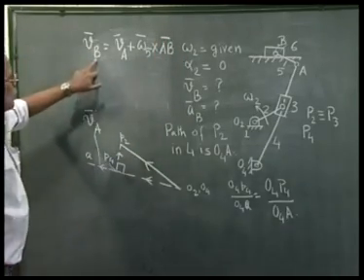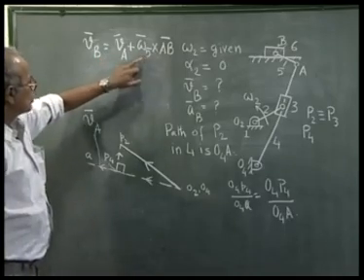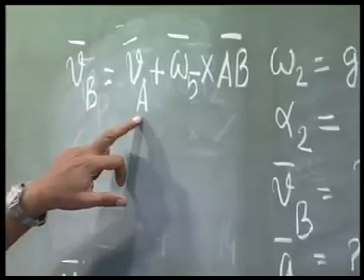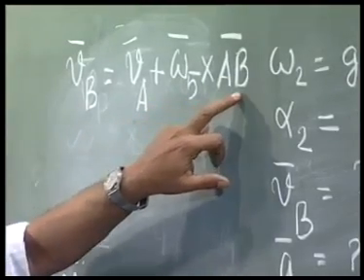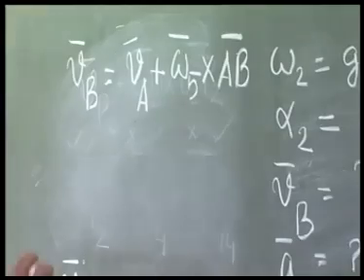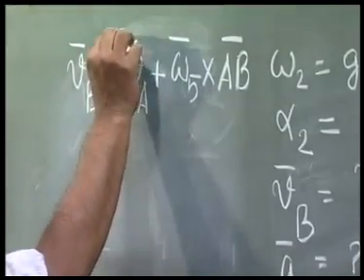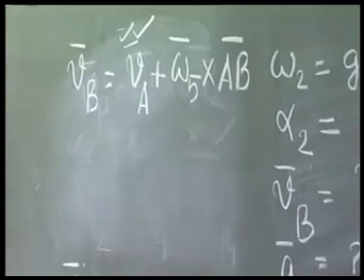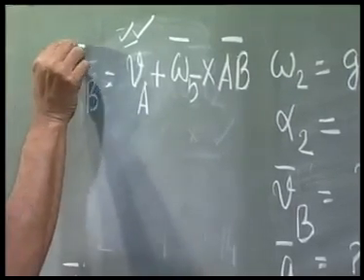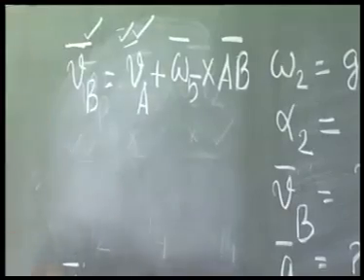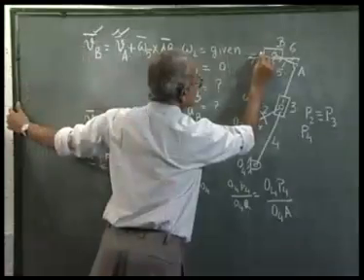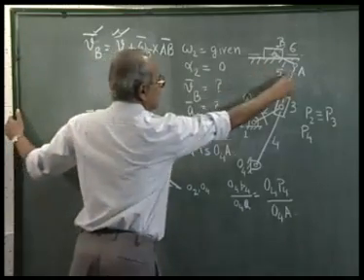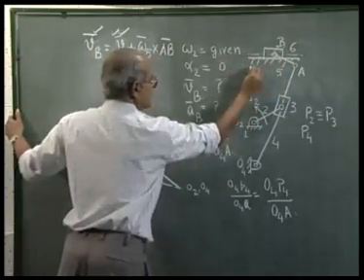A and B are 2 points on the same rigid body 5, so their velocities are related through this equation VB equal to VA plus omega 5 cross AB. In this vector equation, as we know, velocity of A has been completely determined. I know both the magnitude and the direction. For VB, I know the direction which is horizontal because the point B is constrained to move along a horizontal path due to the prismatic pair between 1 and 6.